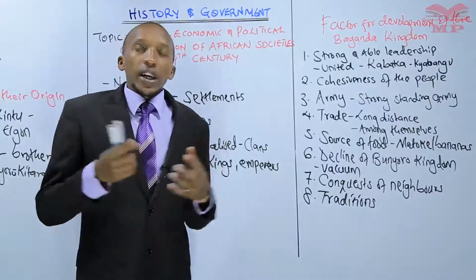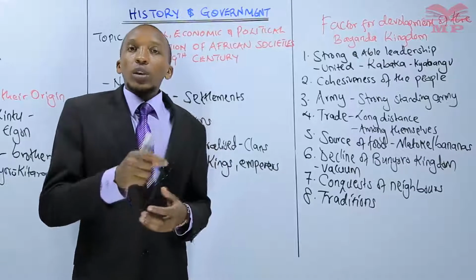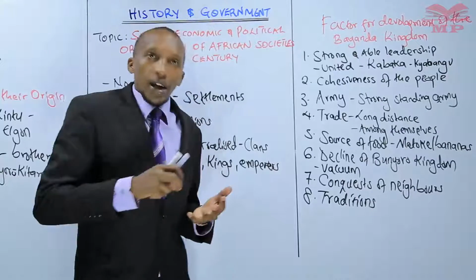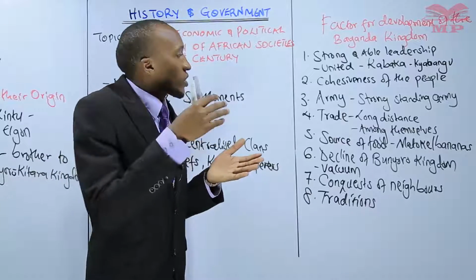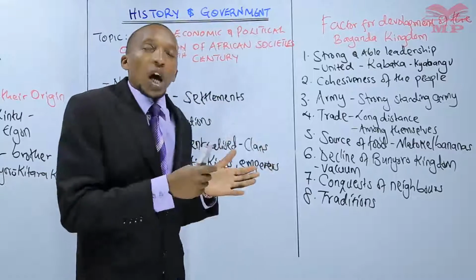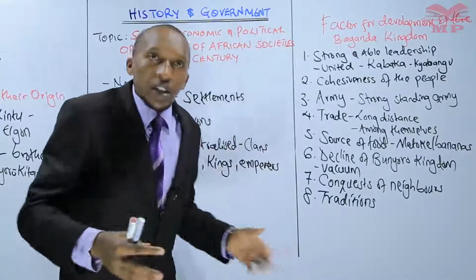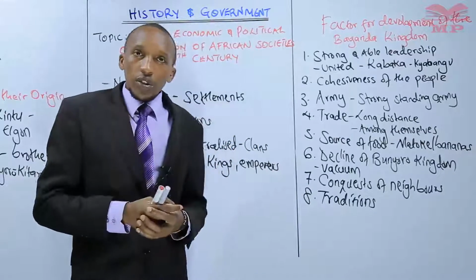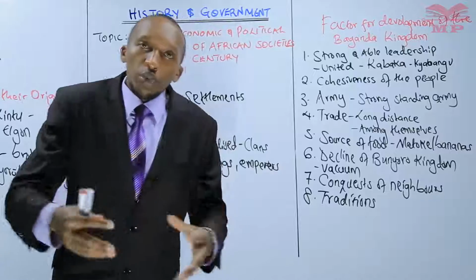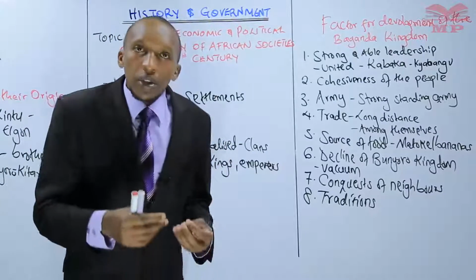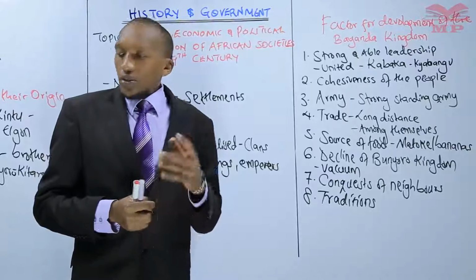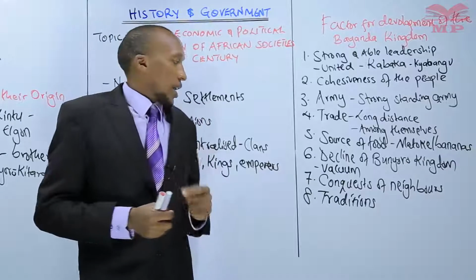In our next lesson, we are going to go deeper and look at how this strong kingdom was organized in its social interactions. What were their economic activities? How was their leadership taken care of? That is what we are going to be discussing in our next lesson.